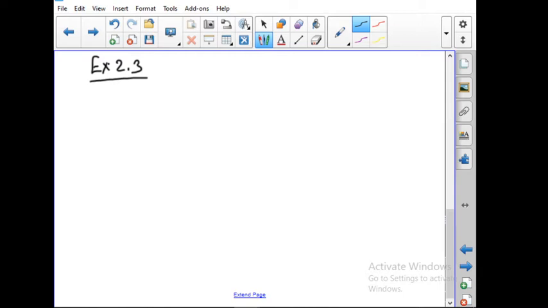In this exercise we are going to see the first problem. Integrate the following with respect to x: e power x log a plus e power a log x minus e power n log x. Here we are going to simplify this first.